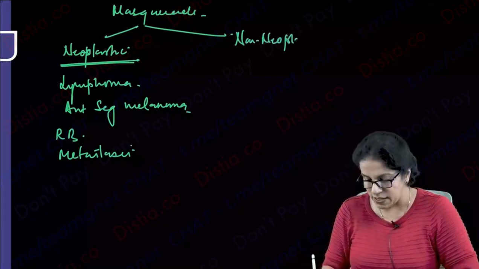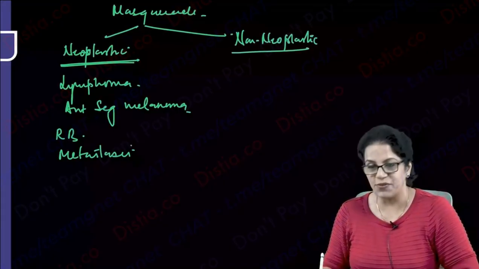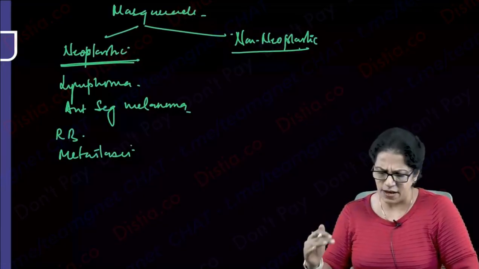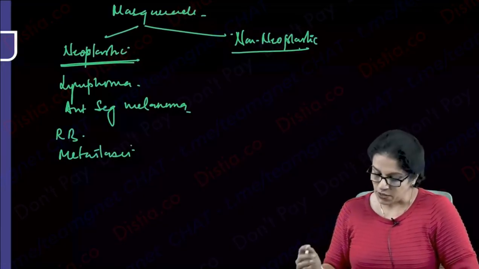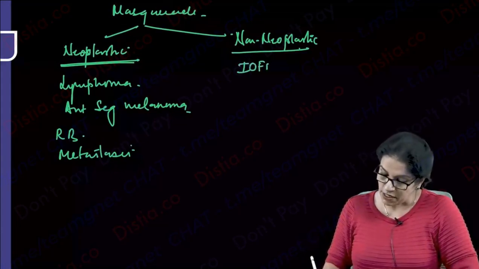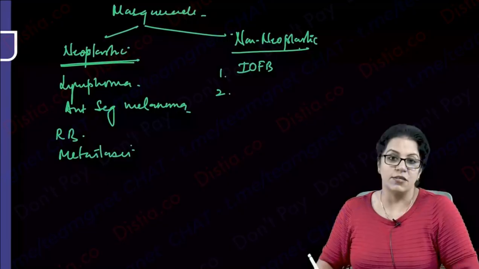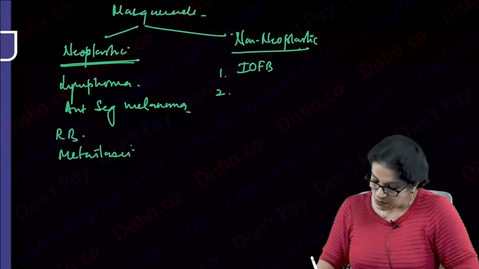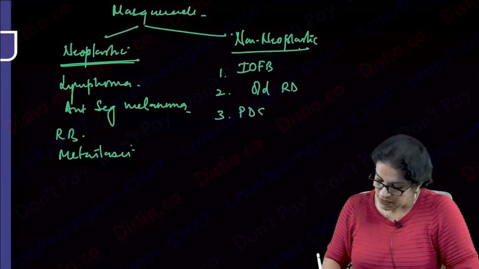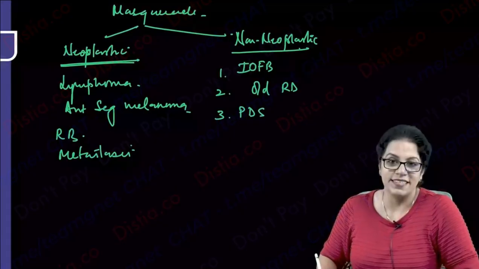I'm giving you this list because it's one of the important lists in the very latest 9th edition of Kanski. So let's just have an idea about it. When you say non-neoplastic, any intraocular foreign body can mimic anterior uveitis. What else? It could be any old retinal detachment. It could be pigment dispersion syndrome, which you have learnt already in your glaucoma chapter.